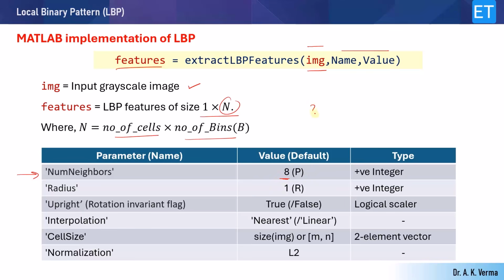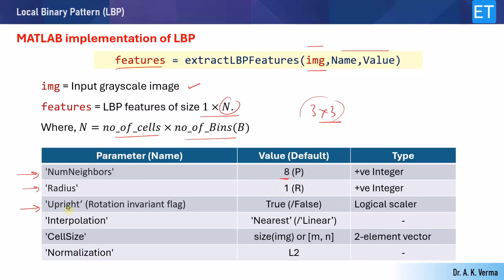I mean the standard 3 by 3 neighborhood is considered every time when you compute LBP feature without describing the number of neighbors. Otherwise, you can give your own number of neighbors. This is of type positive integer. Radius of that circle, default is 1. That constructs again the standard 3 by 3 neighborhood. Otherwise, you can change it.